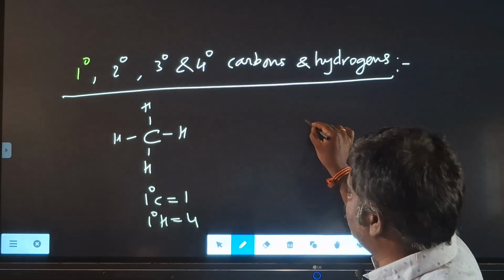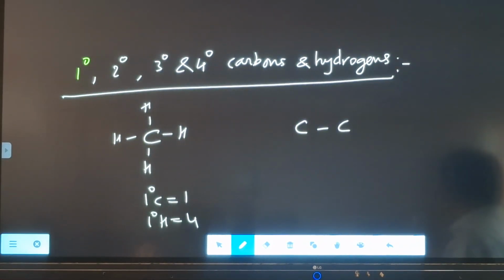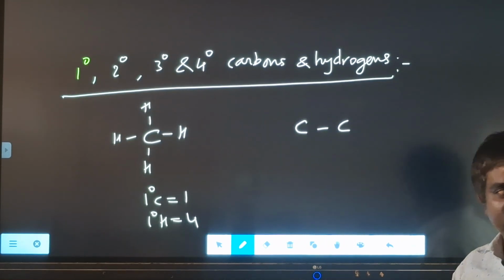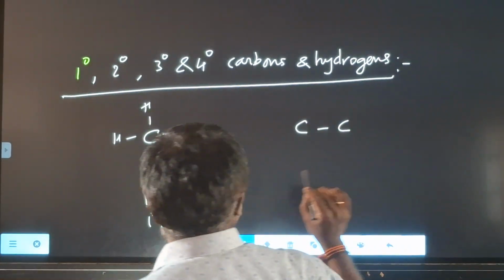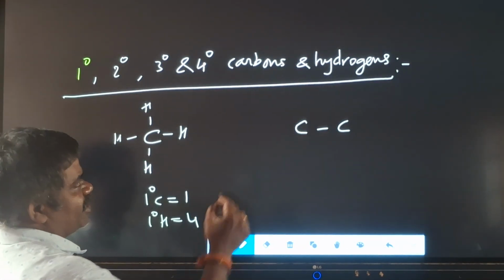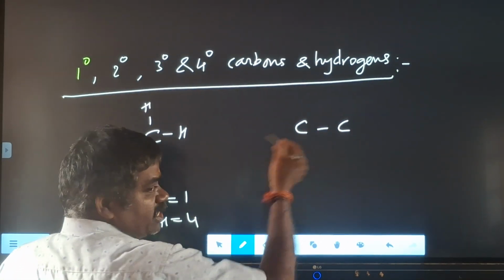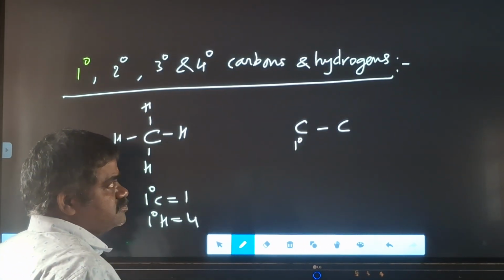And if one carbon is directly attached with one carbon, it is also primary carbon. So if one carbon is directly attached with one carbon, it is known as primary carbon.